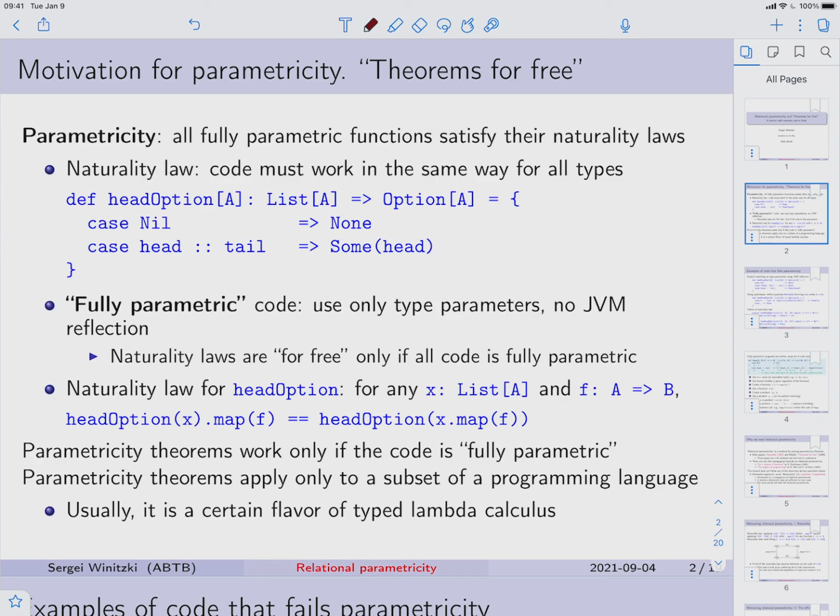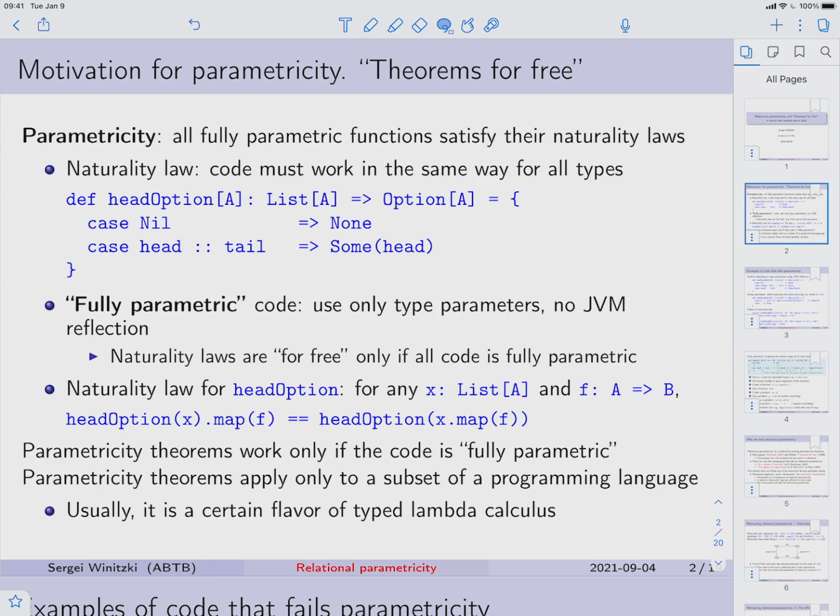Here's an example of a function that is fully parametric. It's a head option implementation, a very simple implementation for a list. If you look at the code of this function, there is nothing in the code that mentions any specific types or that works in some specific way for one type and a different way for another type.